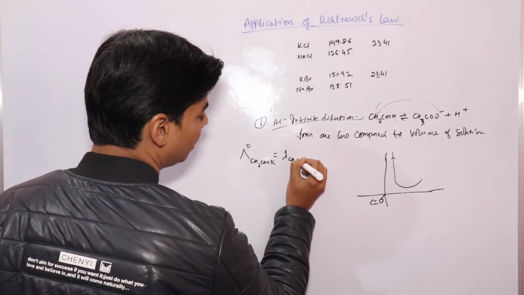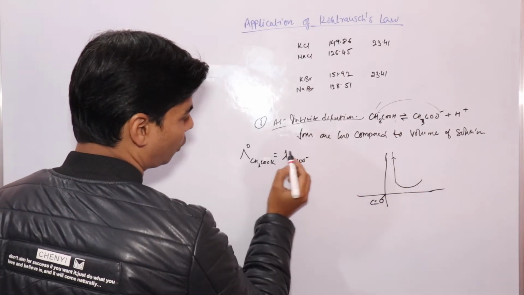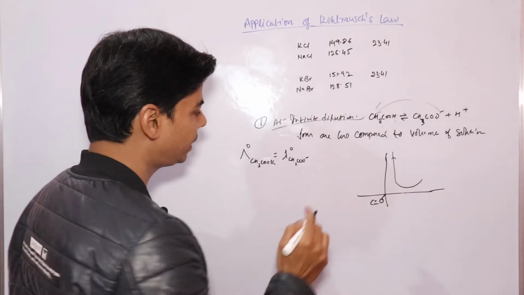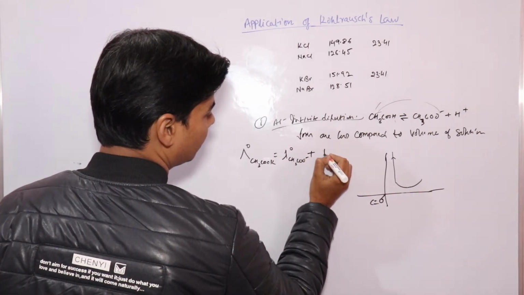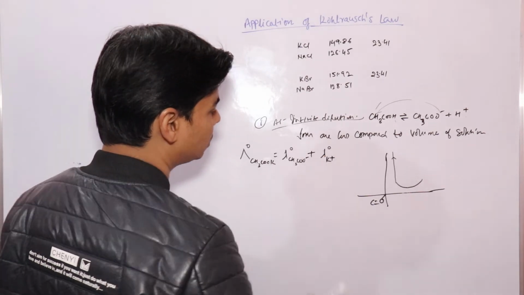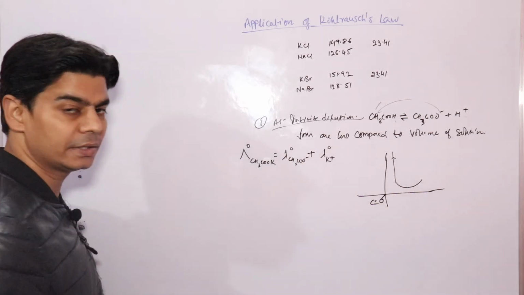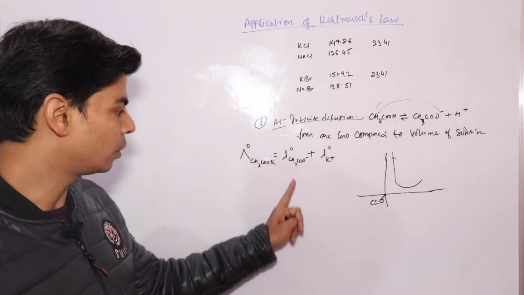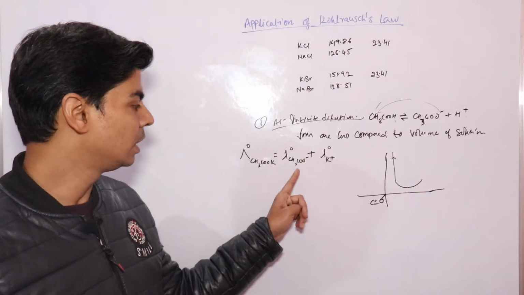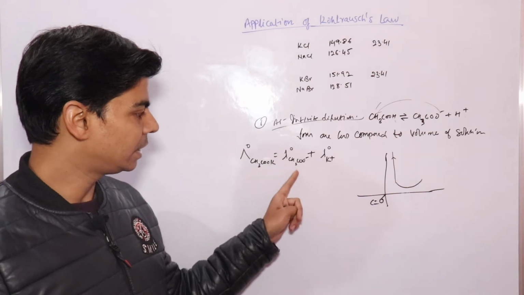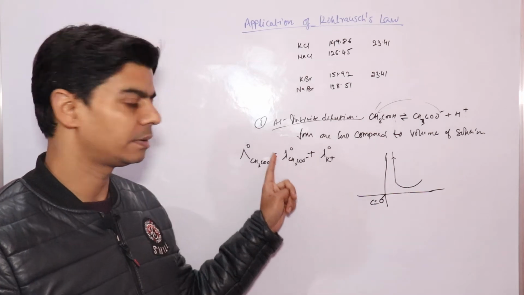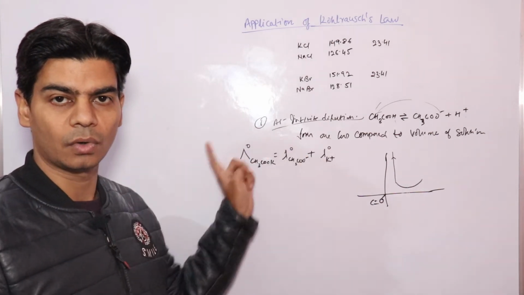So here we will say the ionic conductance of acetate ions at zero concentration or infinite dilution, and the molar conductance of positive potassium ions at zero concentration. And we know that at infinite dilution, as per Kohlrausch's law, these ions migrate independently of one another. The motion of acetate ions is not affected by potassium ions, and the motion of potassium ions is not affected by acetate ions. This is as per Kohlrausch's law.